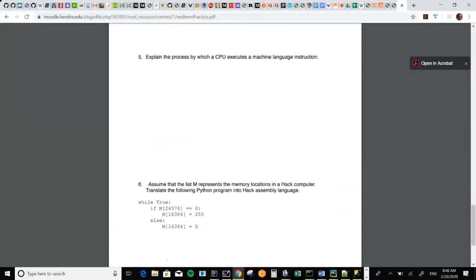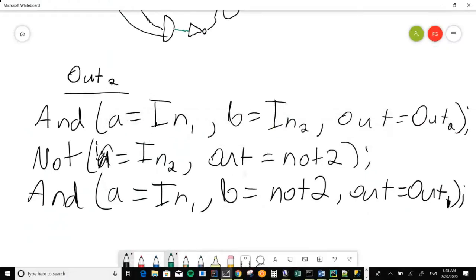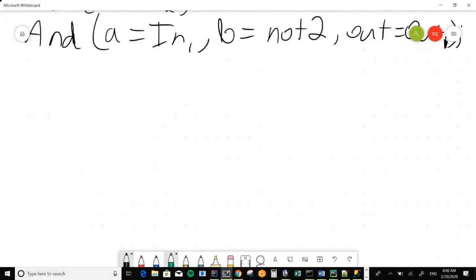Problem 5, explain the process by which a CPU executes a machine language instruction. Any volunteer ready to explain how a CPU executes a machine language instruction? Question about it. Yeah.